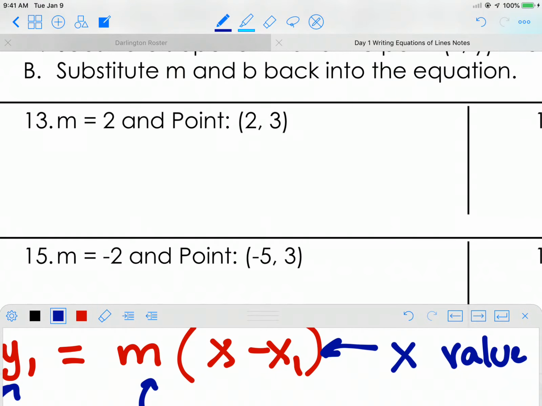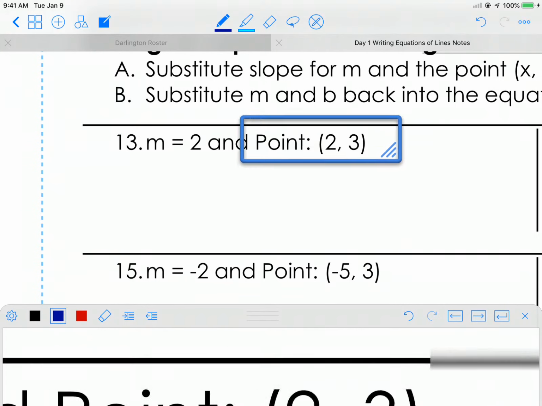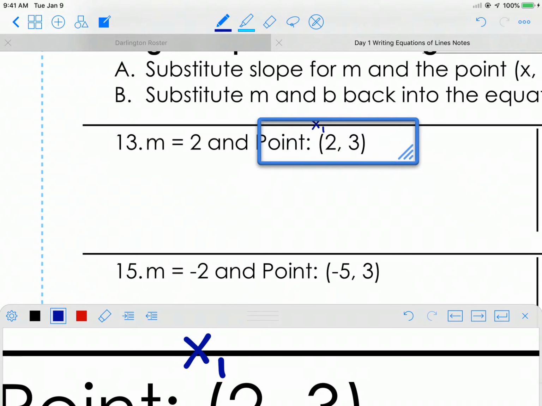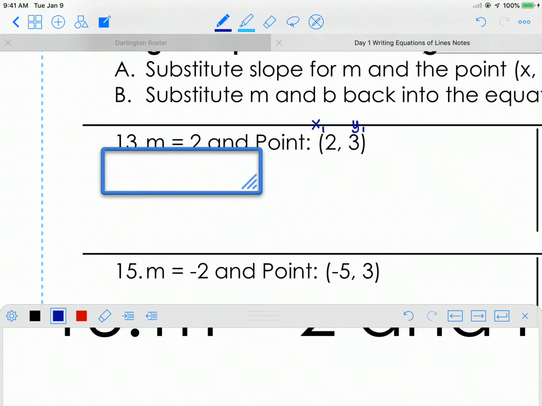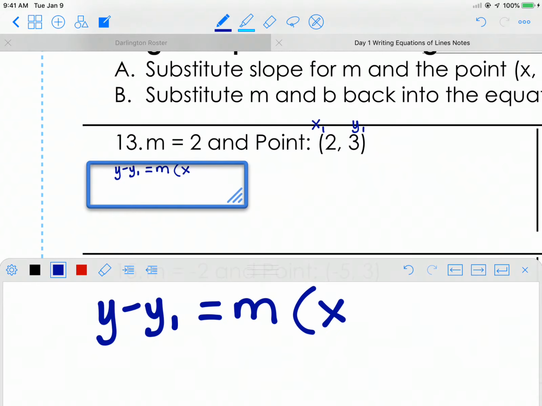Okay, so if I look, it says my slope is 2 and my point is (2, 3). So I've got my x1 value and I've got my y1 value. So when I look at my point slope form, remember it's y minus y1 equals m times (x minus x1).